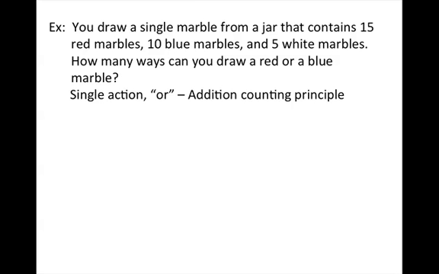My single action is drawing that one marble, and I'm asked for the possibility of two events, drawing a red or drawing a blue. So I find the number of ways to do each of these events, and I'm going to add them. So I'm going to add the number of red marbles to the number of blue marbles.